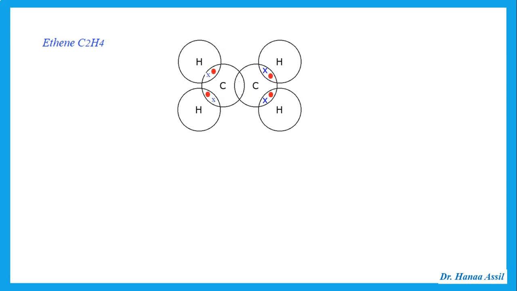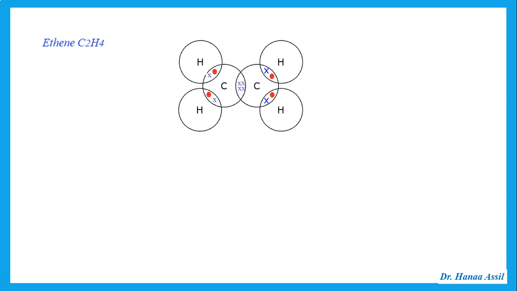Each of them has four and needs four. It's going to take two from the two hydrogens, and that means it's going to take two from the neighboring carbon. So between the two carbons, I'm sharing two pairs of electrons, plus the pair of electrons with each hydrogen.